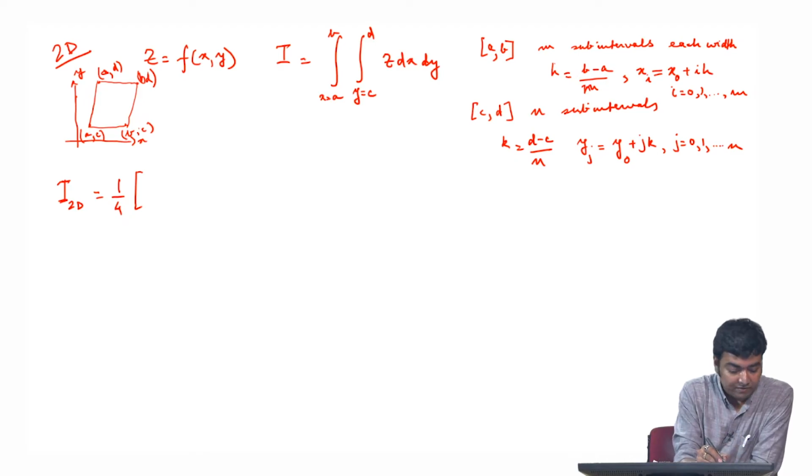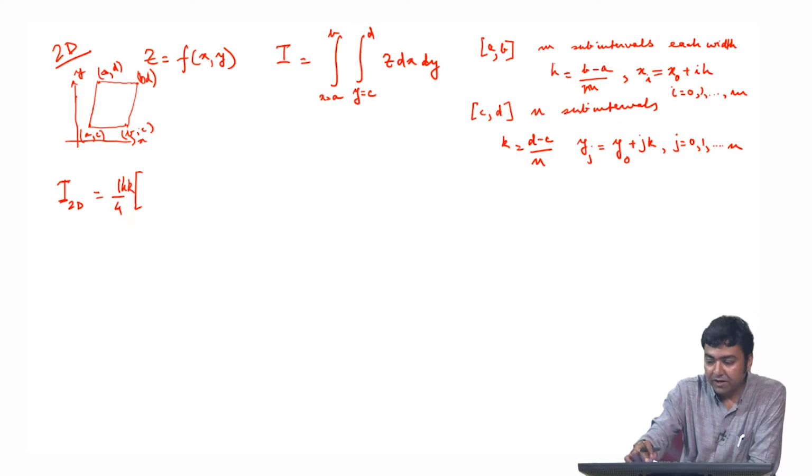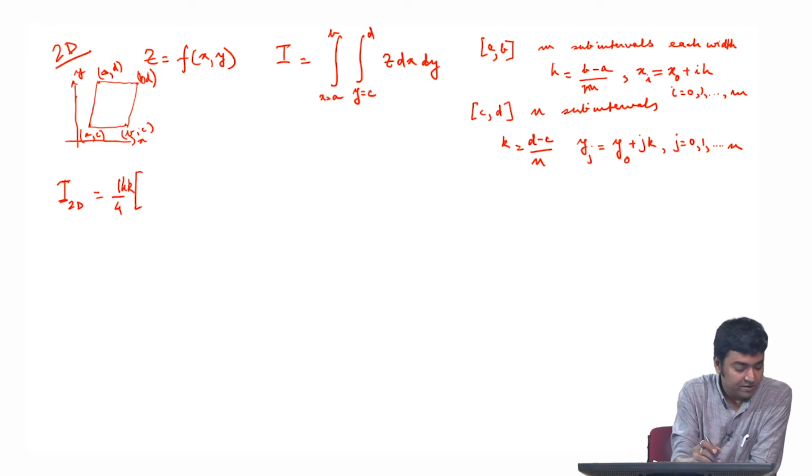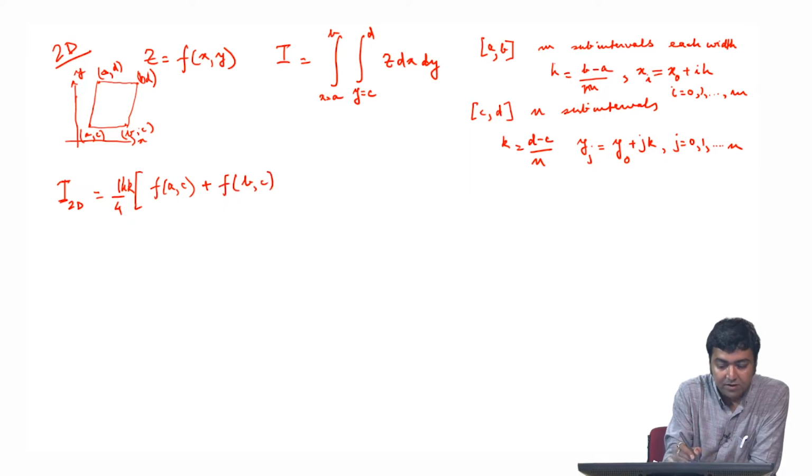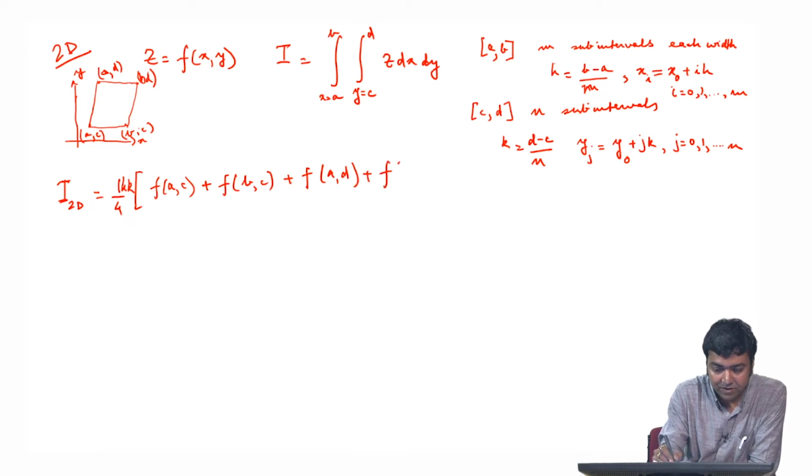So, that I write as 1/4 h k, where h and k are these two quantities here, and then what we will get is f at the coordinate (a, c) plus the value of the function at (b, c) plus the value at (a, d) plus the value at (b, d). So, this is one term I will get.